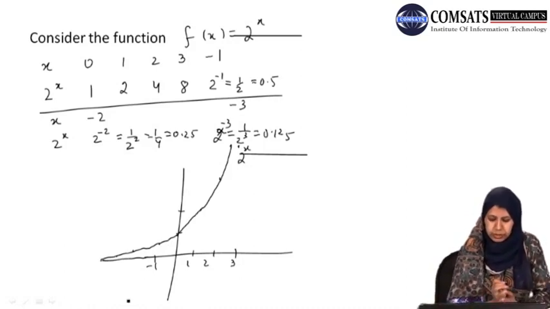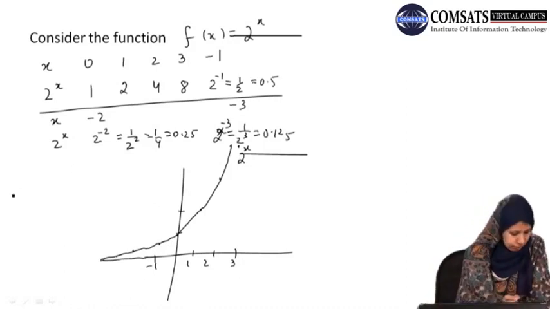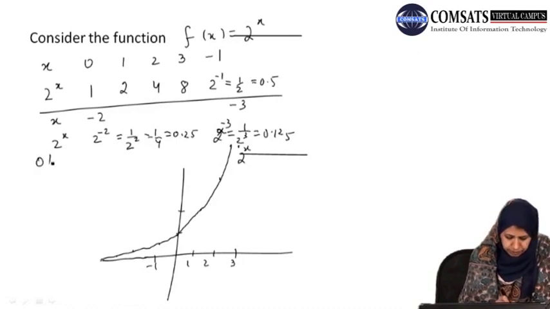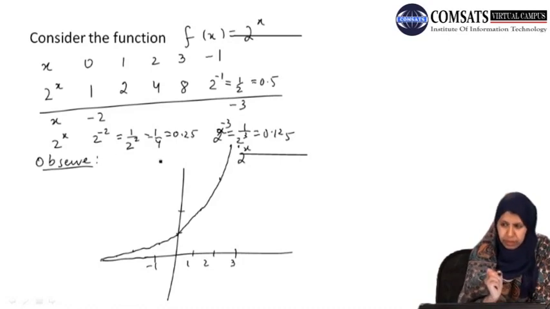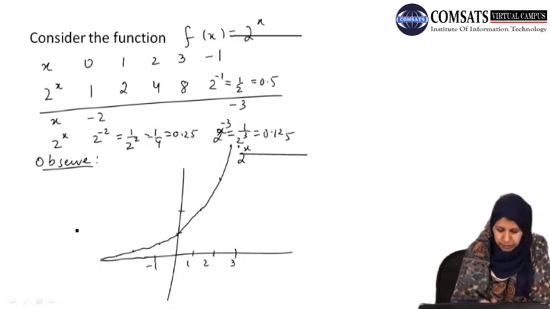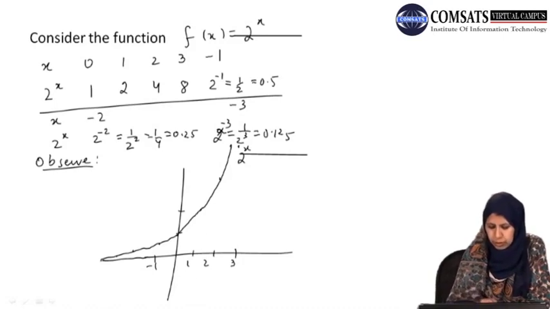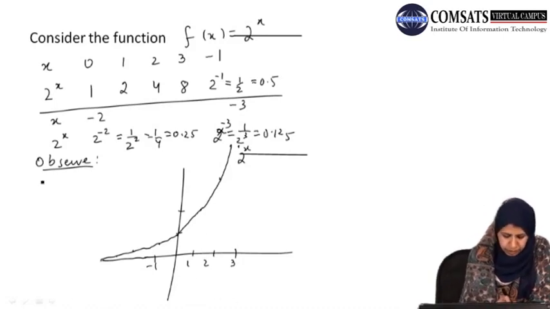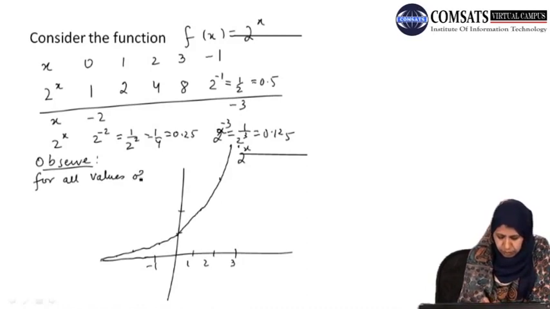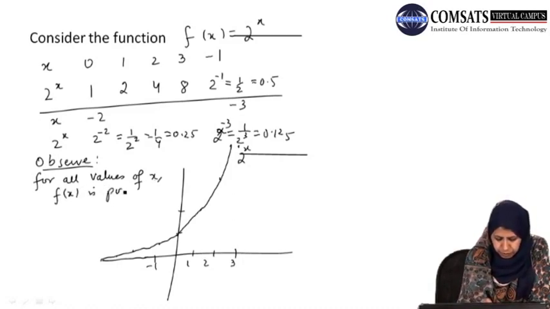Now, what we have observed from this graph is that for all values of x, no matter whatever the value of x we are taking, positive or negative, the output f of x is positive.